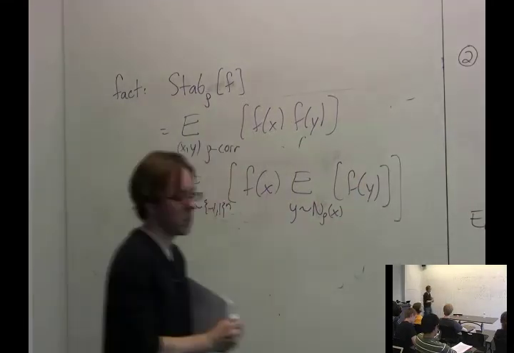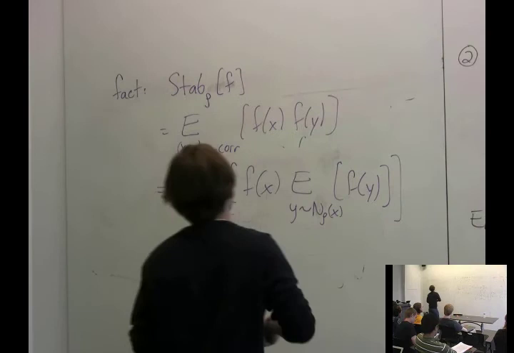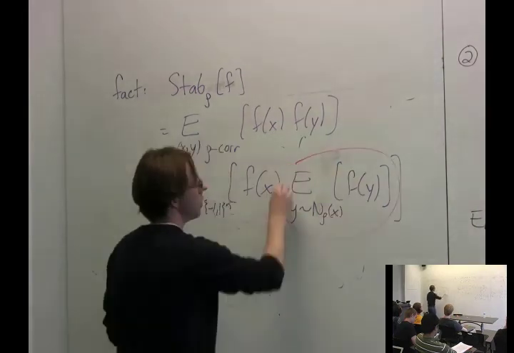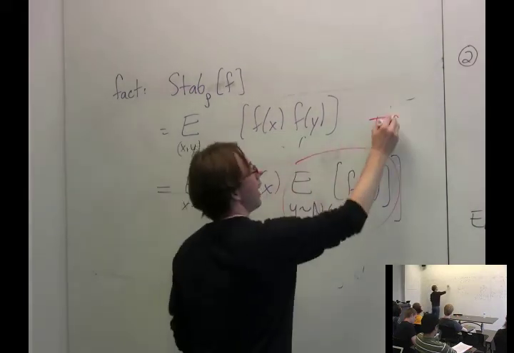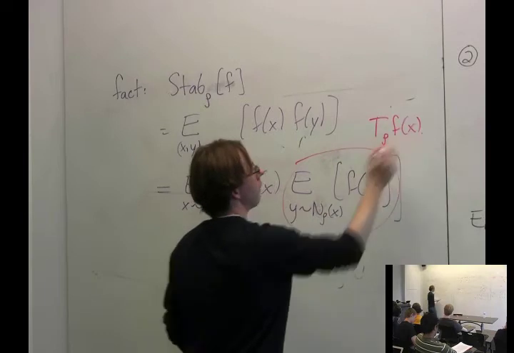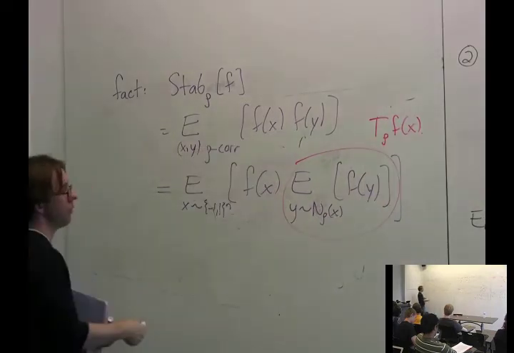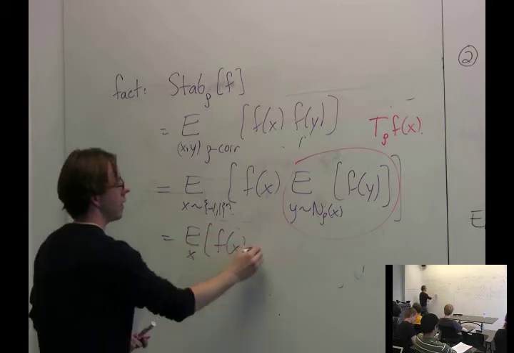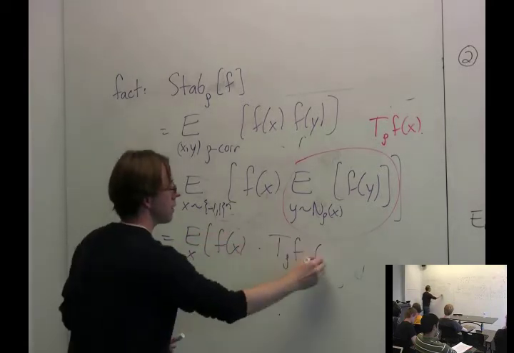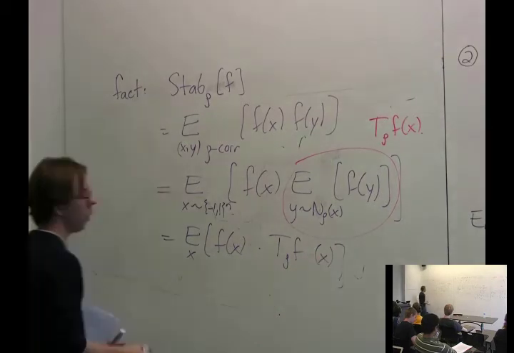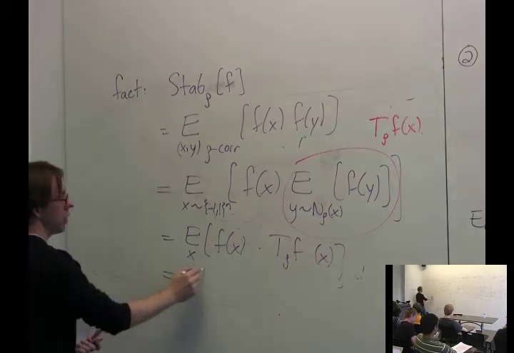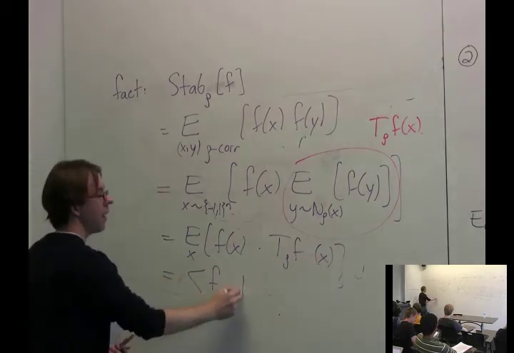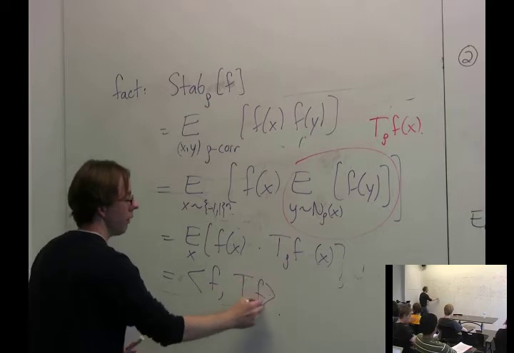But you see this piece on the inside is just T rho f at x, by definition. So we have the expectation over a random x of f of x times T rho f of x. This is the correlation between two functions. We may write it as the inner product of f with T rho of f.